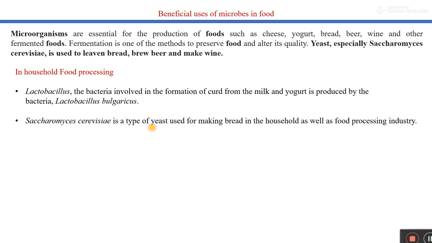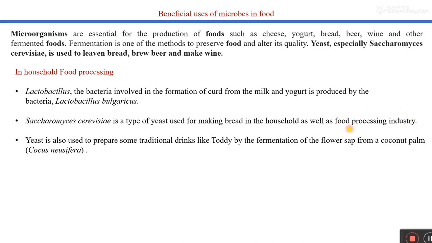Saccharomyces cerevisiae is a type of yeast used for making bread in the household as well as the food processing industry. About the food processing industry we will talk in the latter part of our presentation.